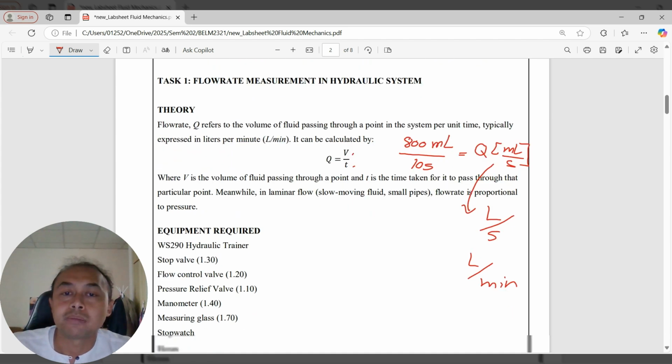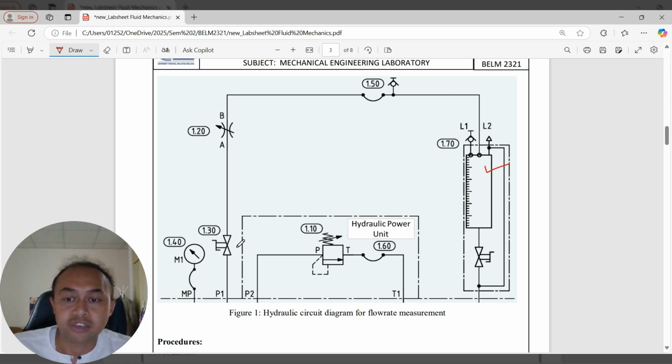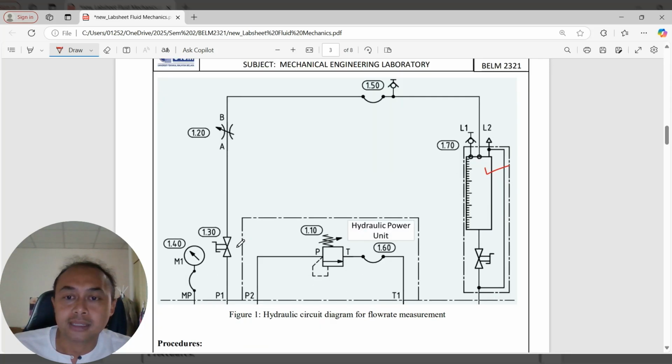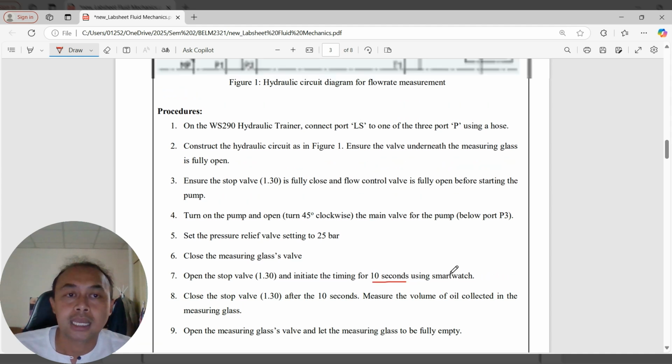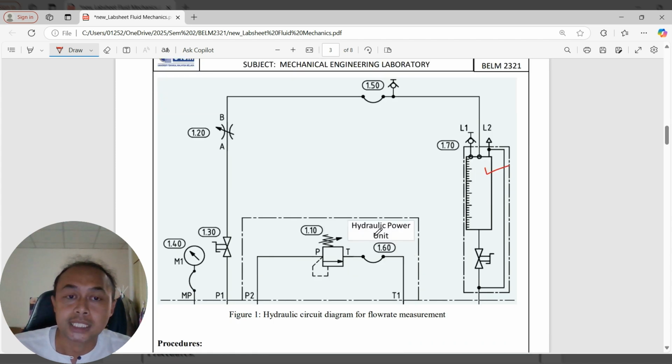So during the experiment, you can see this is the measuring tank with the scale to measure the volume. If you read the procedure carefully, you will see that you are going to set, for every 10 seconds, how much volume of oil is collected, because we are using a hydraulic system, so we are using oil, no more water.